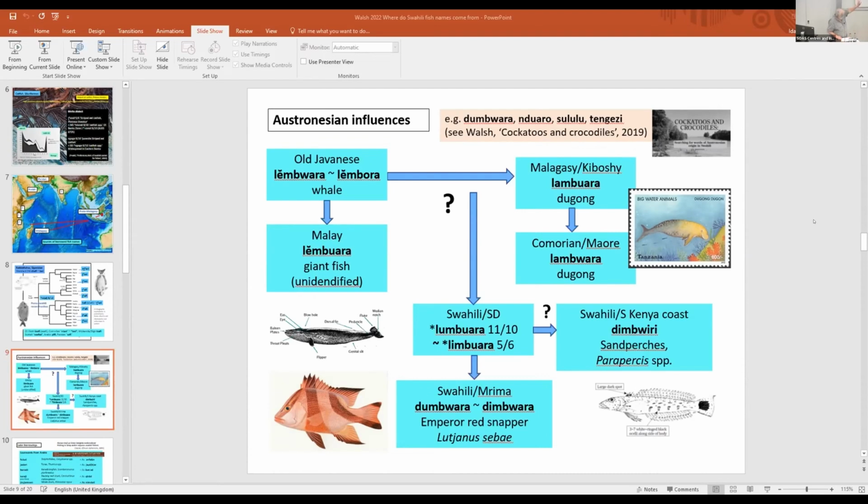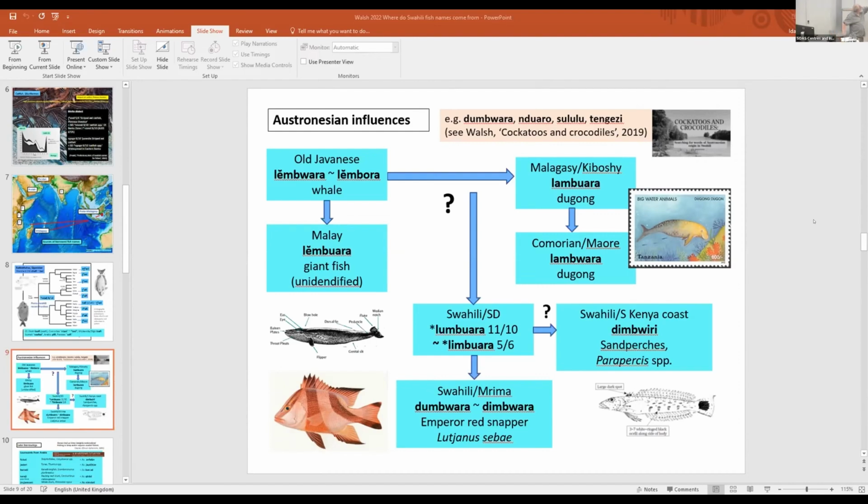And here's one of them, a local name for the emperor red snapper. So in the Mrima dialect area, Tanga and thereabouts, this word Dumbwara, sometimes also recorded as Dimbwara, you can make a case for it being descended from this old Malagasy term, also in Old Javanese. Originally Old Javanese Lembwara or Lambwara.